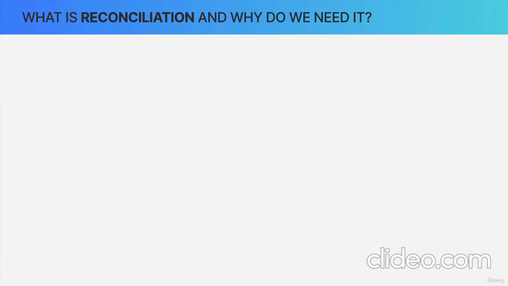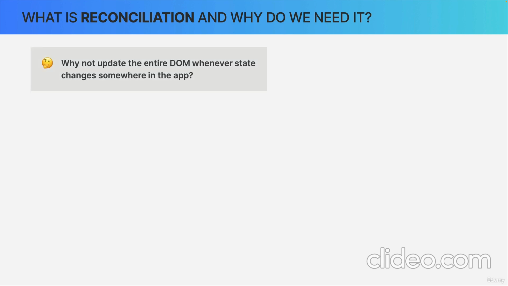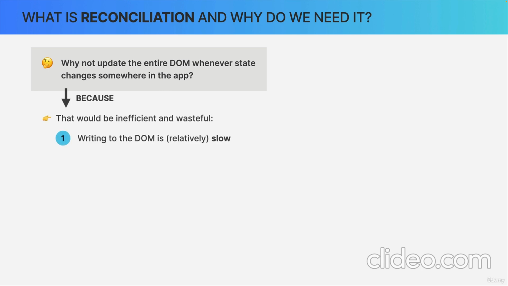So you might be wondering, why do we even need stuff like the virtual DOM, a reconciler, and those fiber trees? Why not simply update the entire DOM whenever state changes somewhere in the app? Well, the answer is simple. Remember how we said that creating the virtual DOM, so the React element tree for the entire app, is cheap and fast because it's just a JavaScript object? Well, writing to the DOM is not cheap and fast.